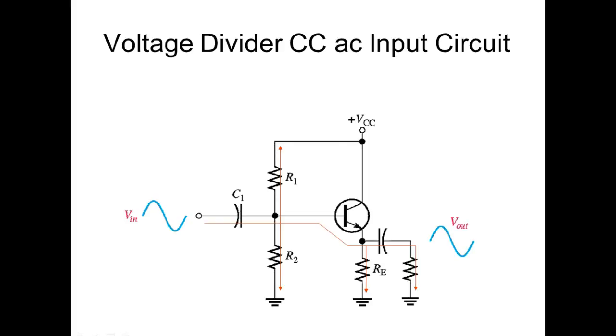The input and output are out of phase. So this is the input impedance. This is the input that my AC sees. It comes through this, goes up, goes through VCC because it considers this to be a common, right? It comes down, goes through the transistor, goes through RE, goes to the capacitor.